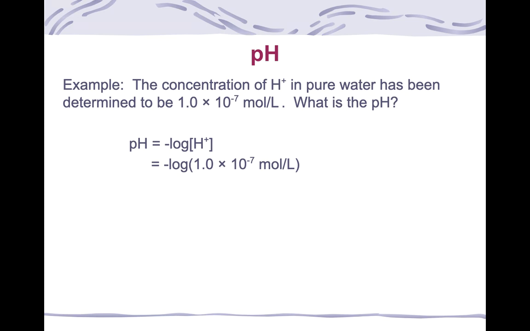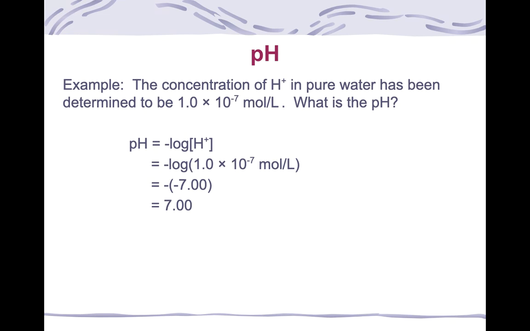If you're not familiar with logarithms, you can just think of it as a button on your calculator. When you take the log of 1.0 times 10 to the negative 7, you get an answer of negative 7. And then negative of that gives you a positive 7, which makes sense. We were expecting a neutral pH because we were talking about pure water.